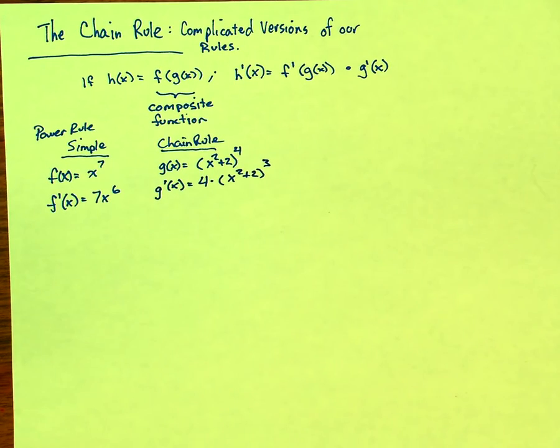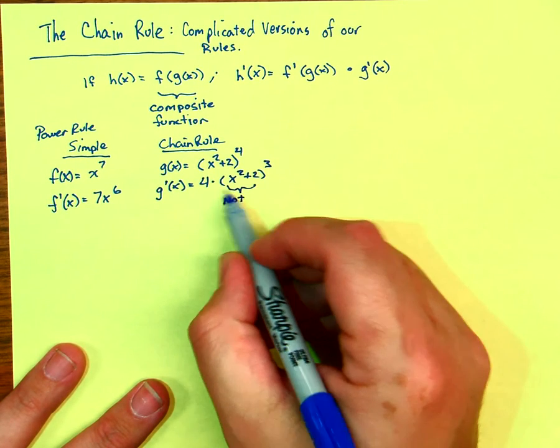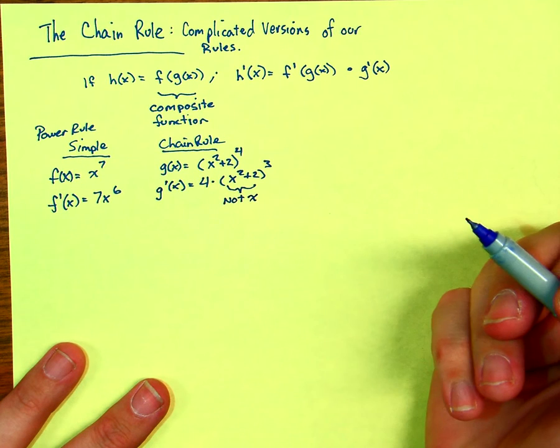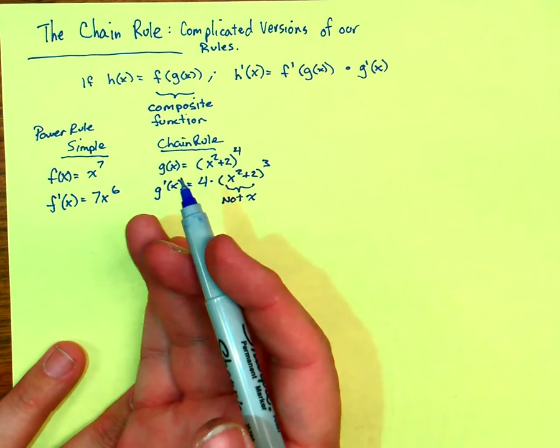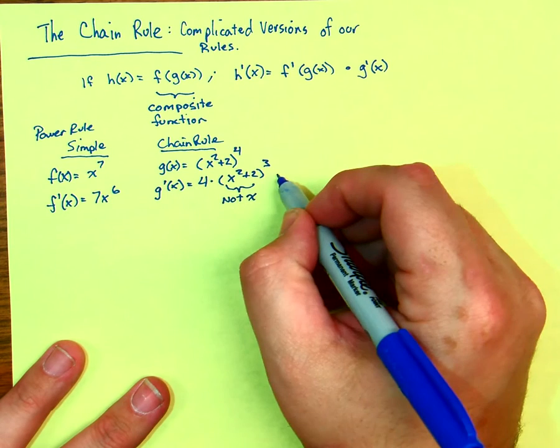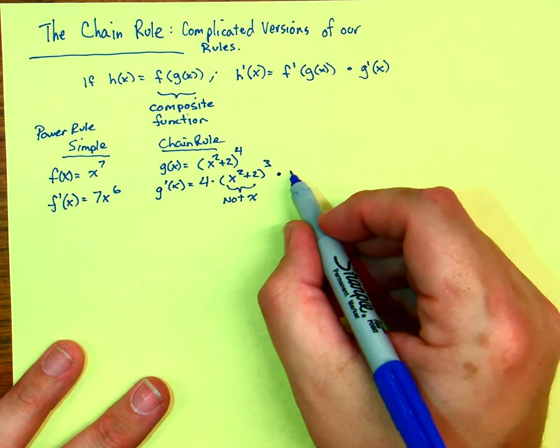But since this is not x by itself, we need to take the derivative of everything that's on the inside. So this is going to be times the derivative of x squared plus 2, which is 2x.